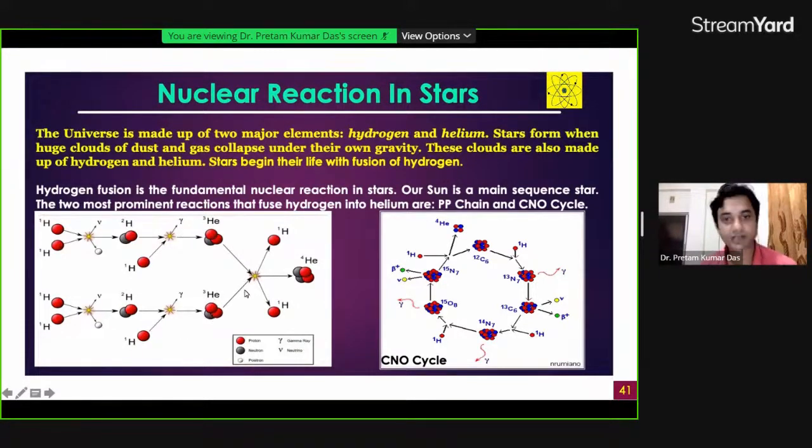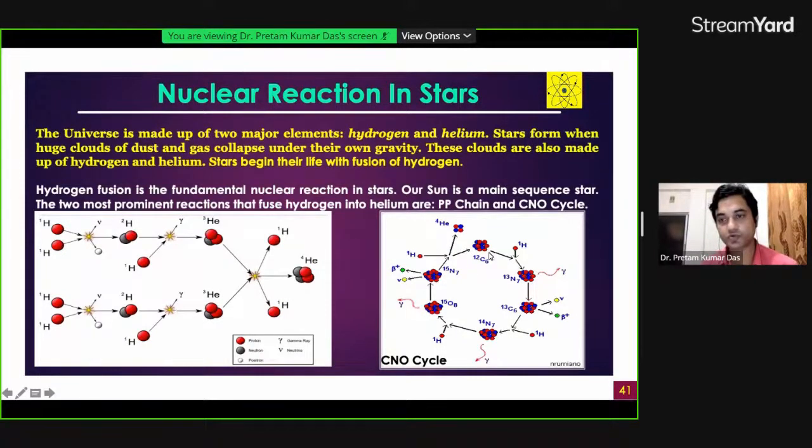When both helium-3 come together it becomes helium-4, and again we get hydrogen. So this is the PP chain reaction.